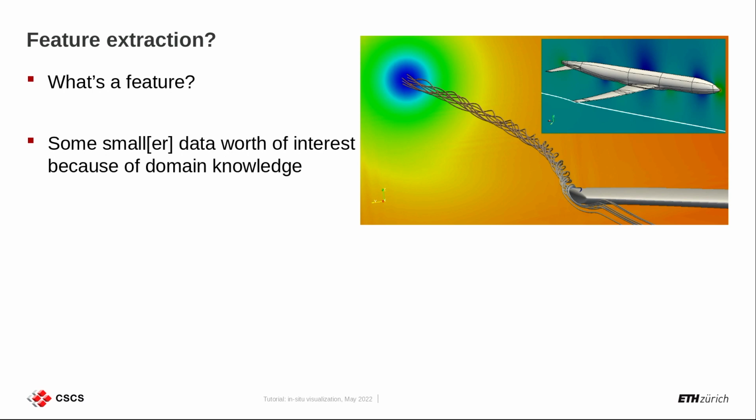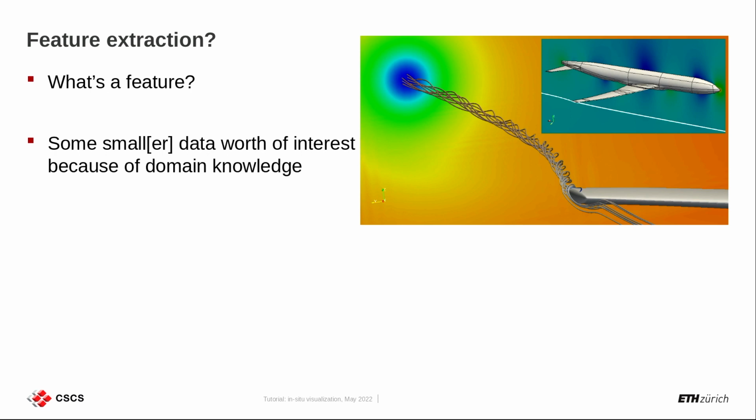When you do visualization, you want to do feature extraction. Well, what's a feature? Here is an example from aerodynamics. What is interesting is this wingtip vortex. Well, to actually look at this, you can imagine that I had to do quite a bit of interactive searching through my data set to be able to extract this feature.